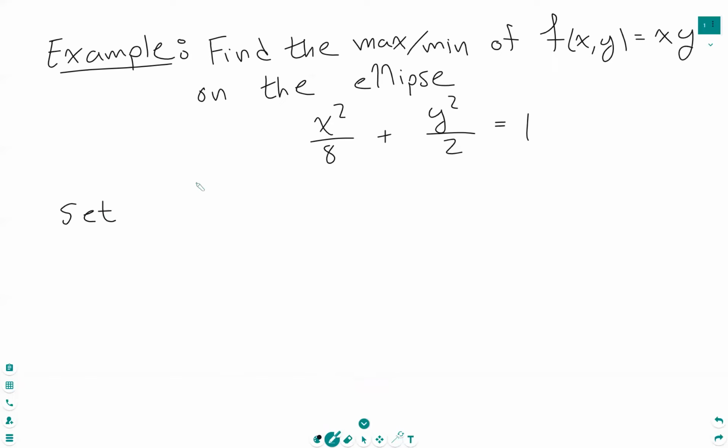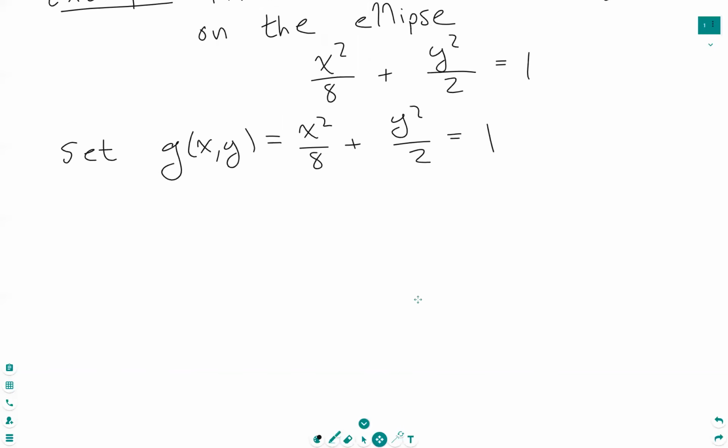So we're going to set our constraint function g of x, y equal to x squared over 8 plus y squared over 2 is equal to 1, right? 1 is a constant. We can leave it on the right-hand side there.